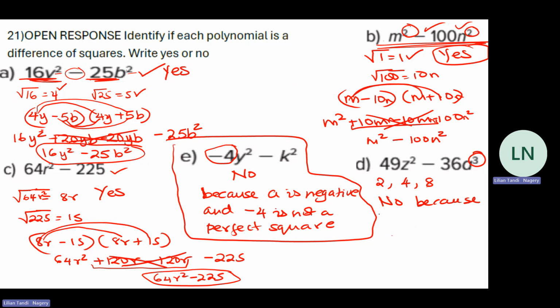Or you can say no, because this term is not a perfect square, because 36a cubed is not a perfect square.